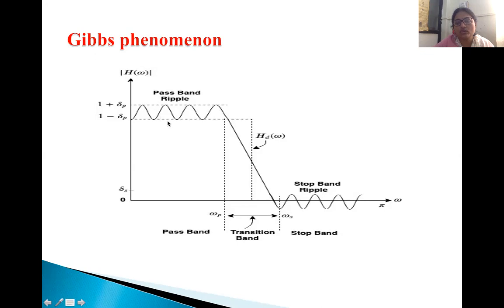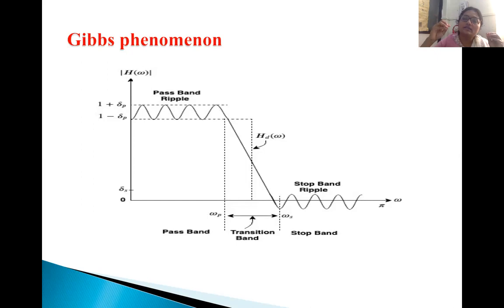More oscillations appear at the output side, and these oscillations are because of truncation or cutting of the signal, or abrupt change in the signal in the time domain. It will reflect in the frequency domain in terms of oscillation. So for the filter design, there is an oscillation in the pass band as well as in the stop band, and these oscillations are represented as the Gibbs phenomenon.